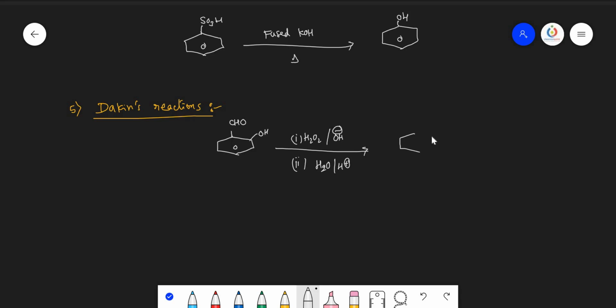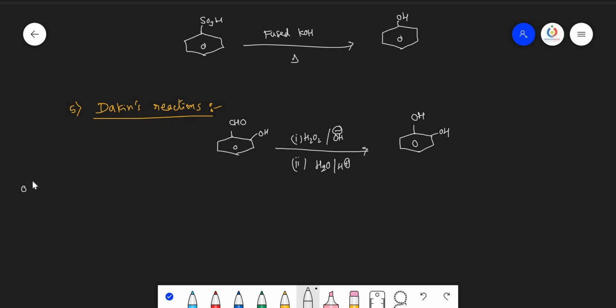So hydroxy aromatic aldehydes and ketones shall be converted to their respective diols. So OH group and here also OH group. So here the condition is the OH group must be at the ortho position. Okay.